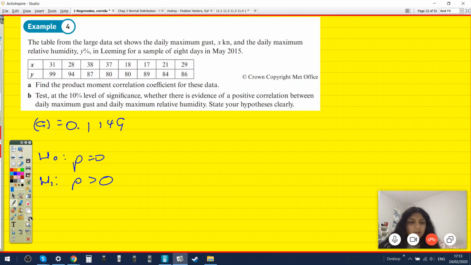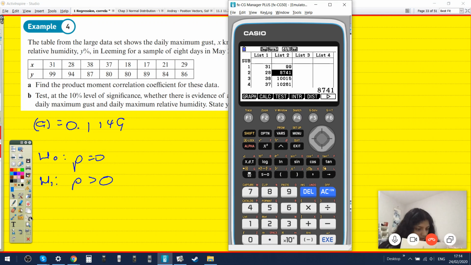So it's one-tailed, and there's 8. I don't know what the value is because it only goes up to 5% for one-tailed test in the tables that we have.